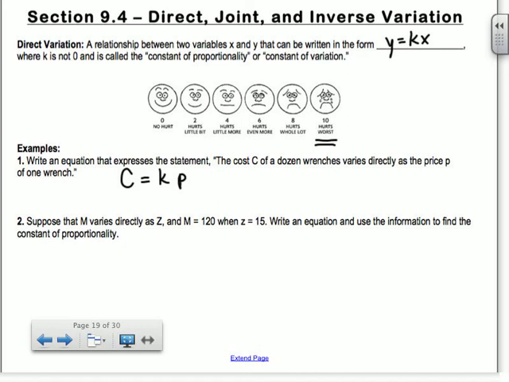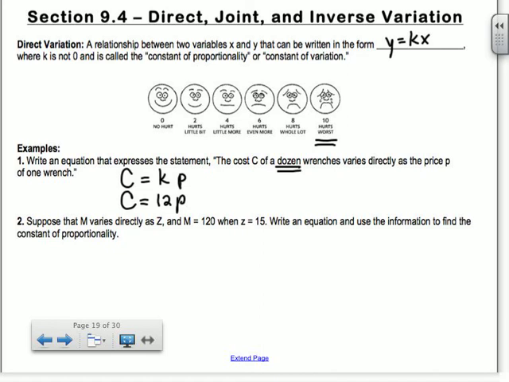Can you guys think what K is in this problem? So the price P of one wrench, what's the total cost of the wrenches? You'd multiply by 12, because it's a dozen wrenches. So that's the constant. If you were going out to buy 12 wrenches, you would look at the different prices, you'd multiply by 12 to figure out the total cost.